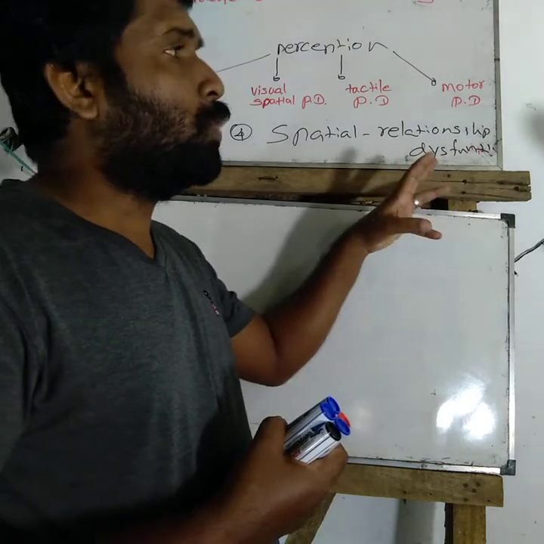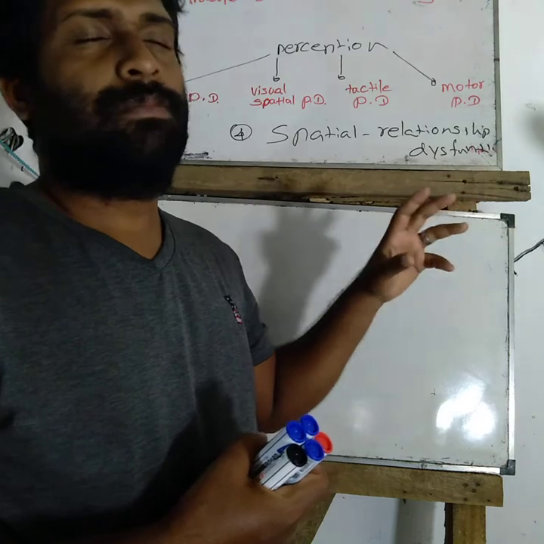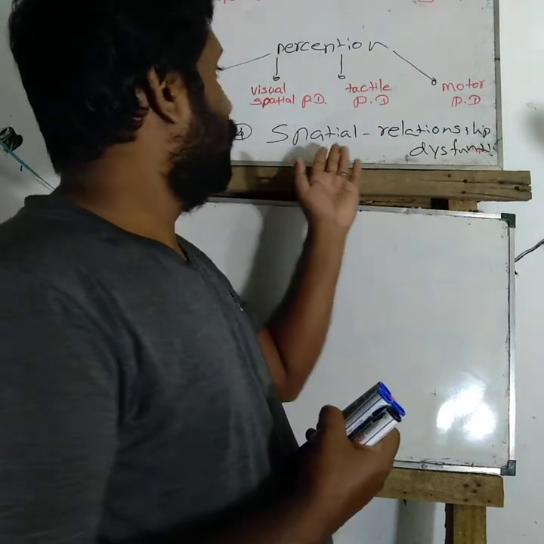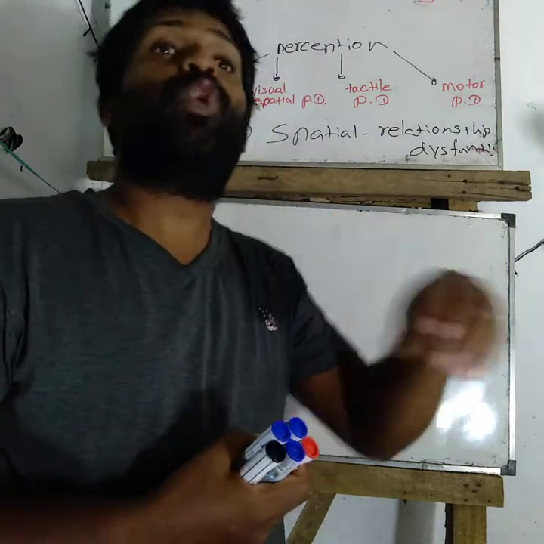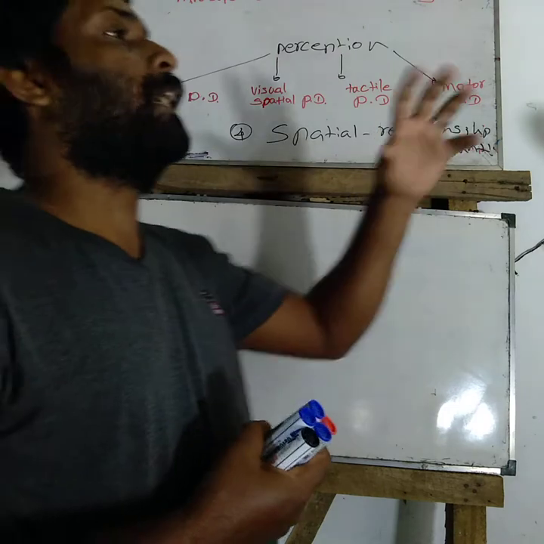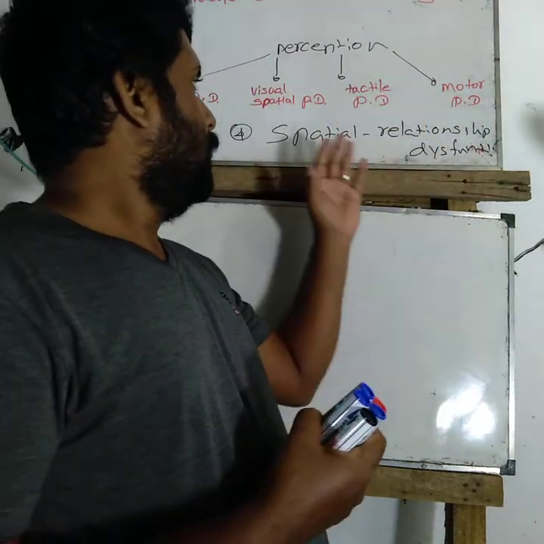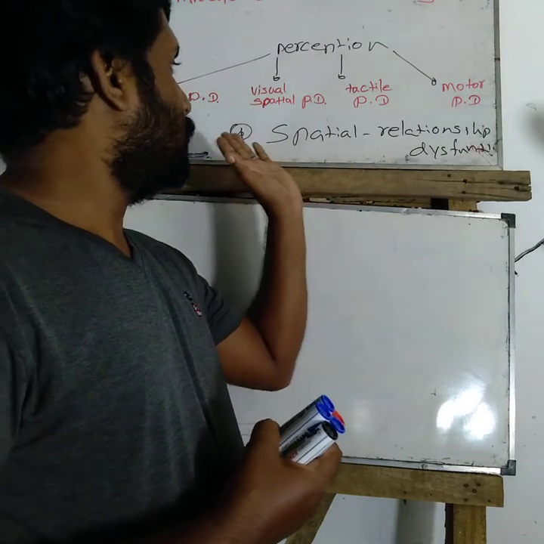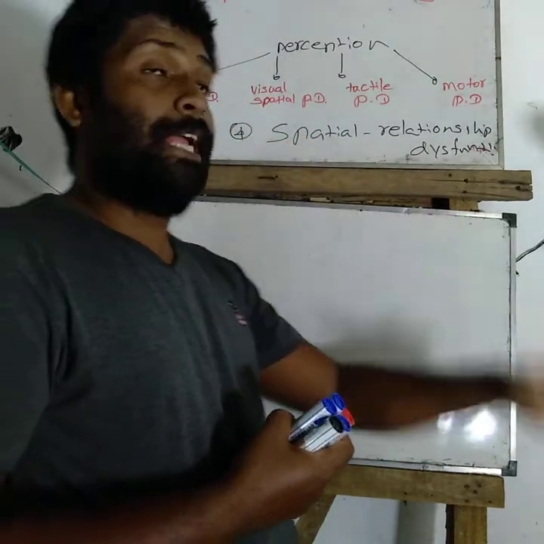Tactile identification is a lot involved when they are doing cooking activity in the kitchen. Lots of tactile identification is most important. When we are talking about relationships, spatial relationship is the most important in kitchen activity.